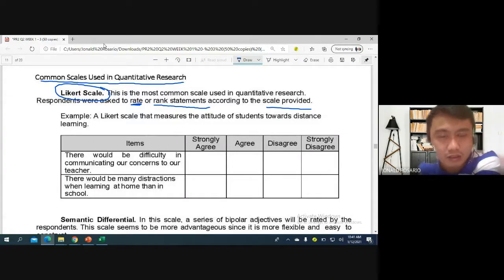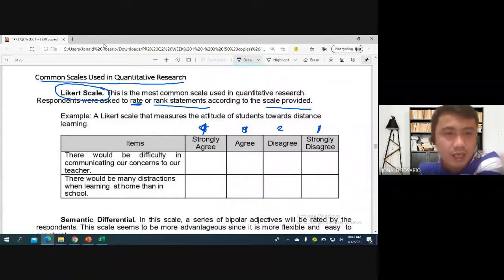Ito yung kung na-try nyo na magsagot ng survey or isang questionnaire, may mga nilalagay na 5, 4, 3, 2, 1. Yan.